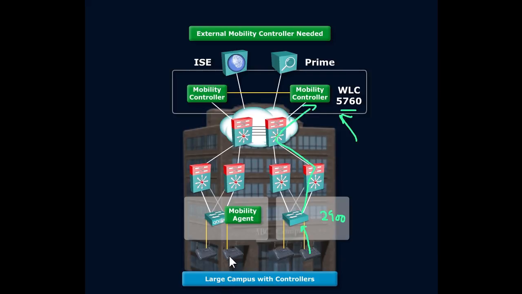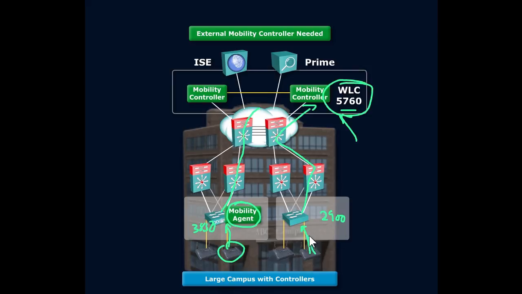Then if I have devices like this access point connected to a 3850 with its converged access, its mobility agent, it's got the WLC right in there, then again, this can function as a mobility agent to the mobility controller, again housed at the centralized 5760. So you can have the best of both worlds.